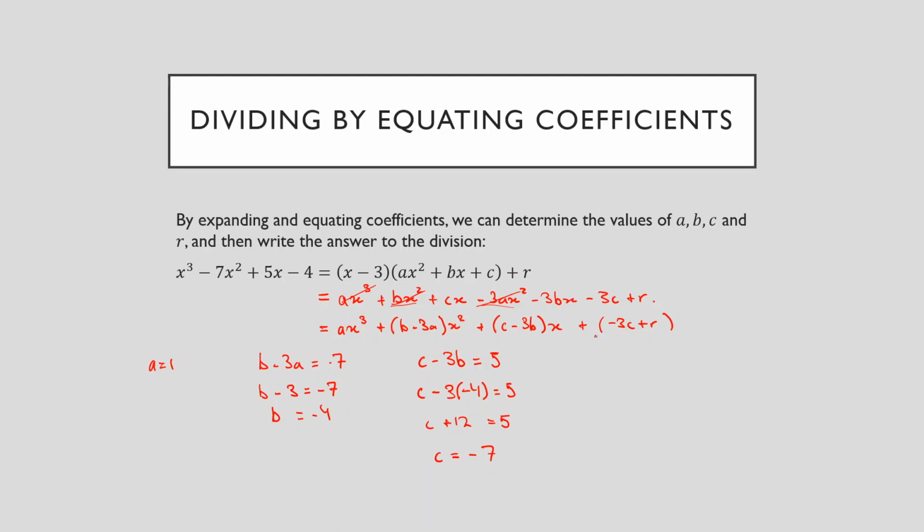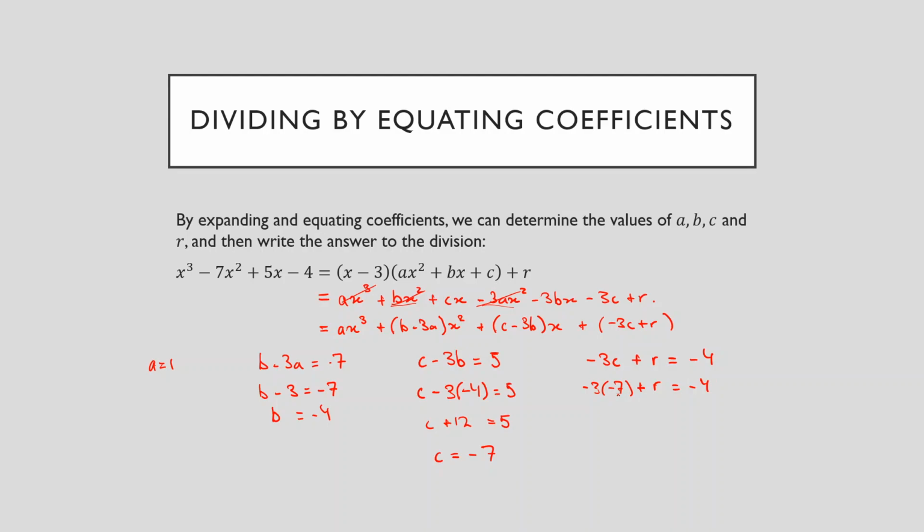And finally, we've got the constant term. On the left-hand side, the constant term is negative 4. On the right-hand side, it's negative 3c plus r. So I know that negative 3c plus r must be equal to negative 4. I already know that c is equal to negative 7, so I can substitute and get negative 3 times negative 7 plus r equals negative 4.